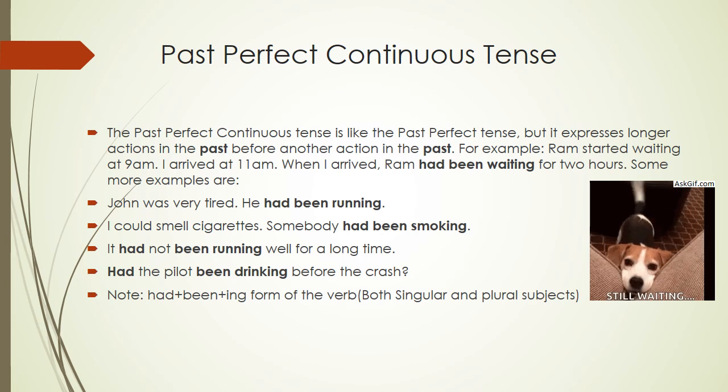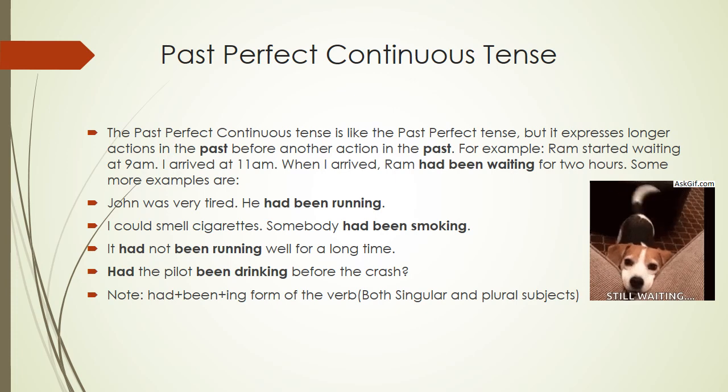So it says, Ram started waiting at 9 a.m. I arrived at 11 a.m. So when I arrived, Ram had been waiting for 2 hours. That means he is still waiting from the last 2 hours.